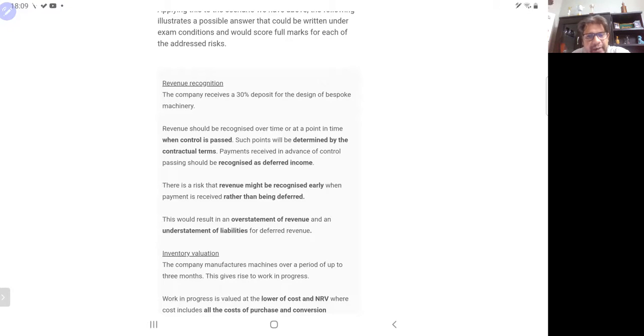Such points will be determined by the contractual terms. Payments received in advance of control passing should be recognized as deferred income. One mark. And then there is a risk that revenue might be recognized early when payment is received rather than being deferred. You will get another mark. This would result in overstatement of revenue and understatement of liability for deferred income.